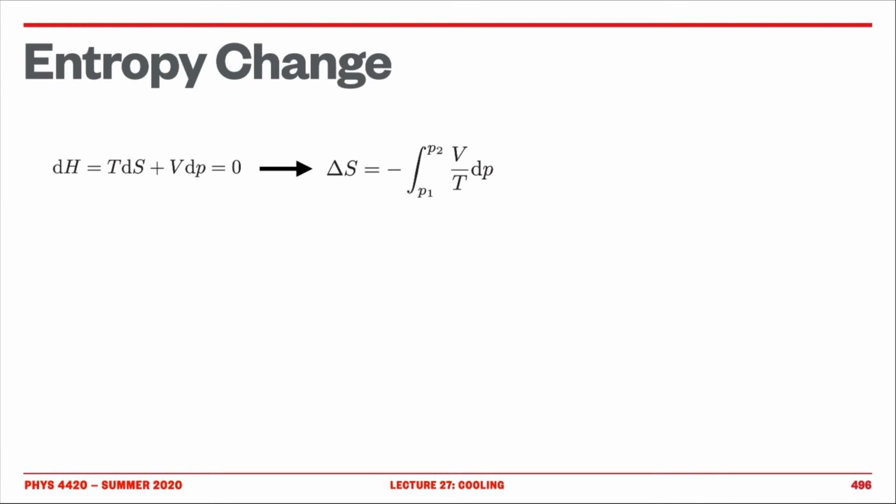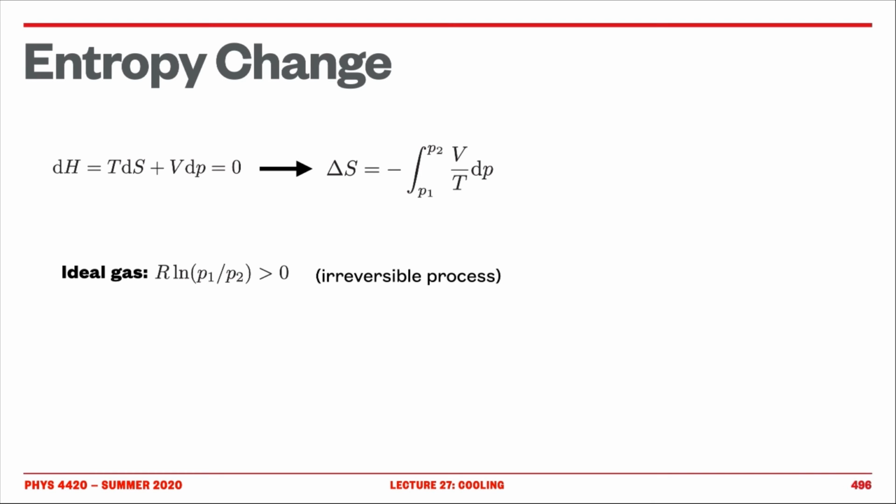Before that, I'm going to look at the change in entropy. Now, the change in entropy turns out to be easy to calculate because the change in enthalpy is TdS plus VdP, but we know that the enthalpy is constant, it is a constraint of the problem, so we can directly calculate the change in entropy as minus VdP over T. That means we can integrate between the two pressures and obtain this relationship right here.